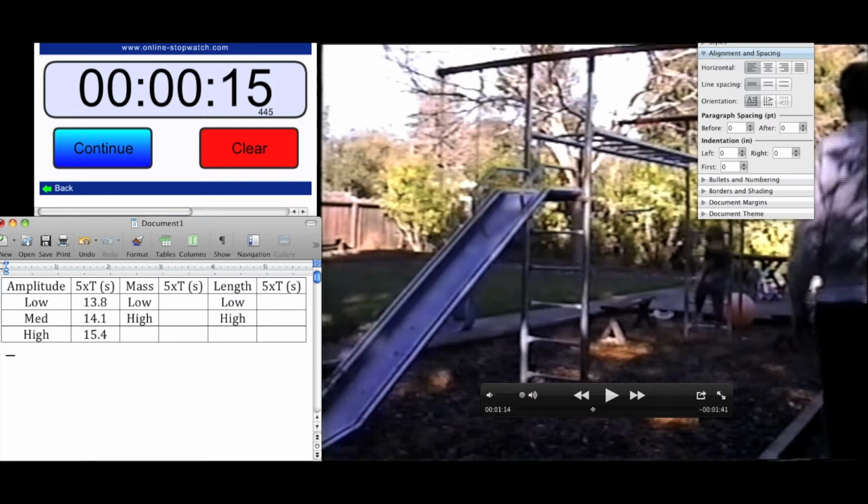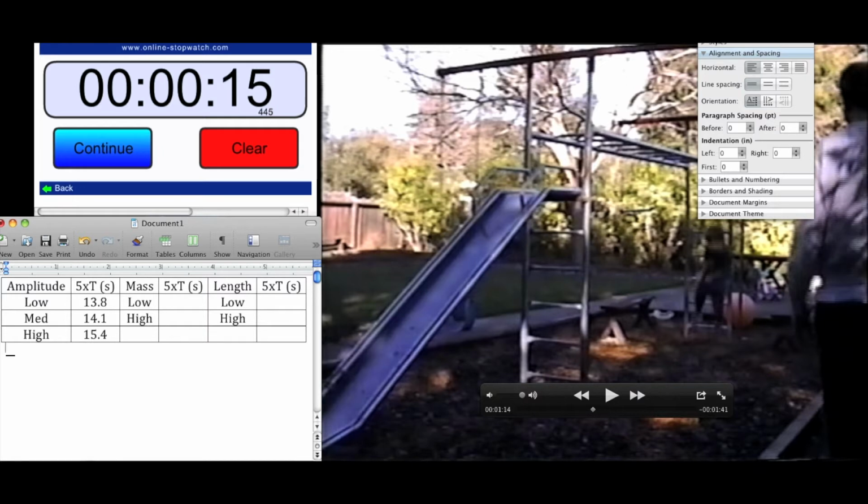And so if we restrict the amplitude to small angles, then it turns out this effect is very small and we can neglect it depending on what your standards are. And in that case, we'd call it a simple pendulum. So a simple pendulum, the amplitude doesn't affect the period.